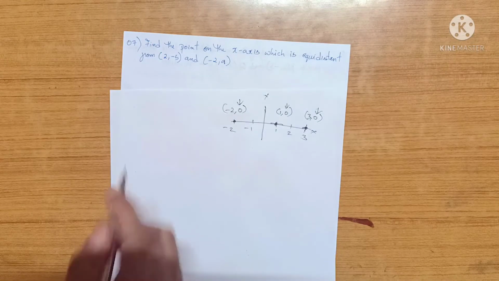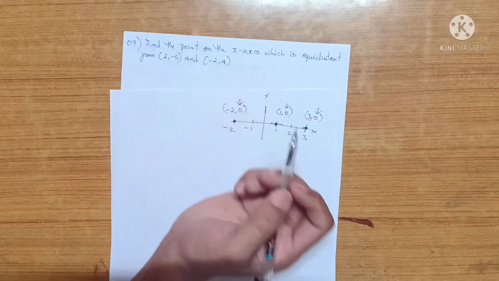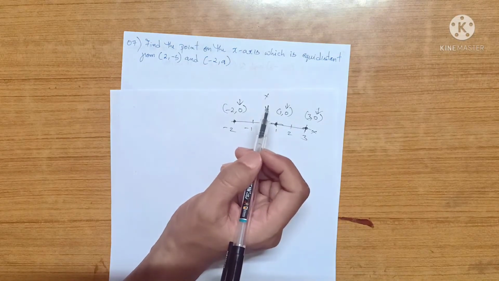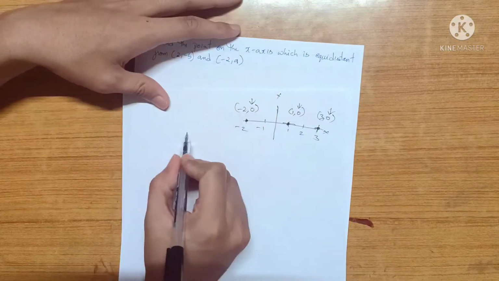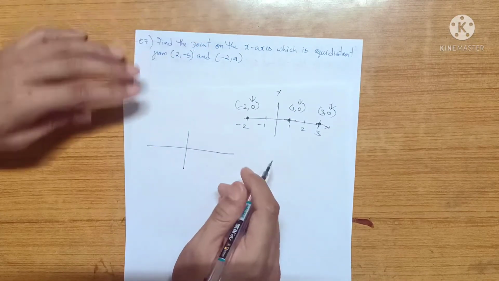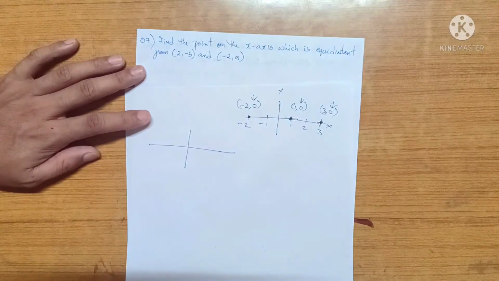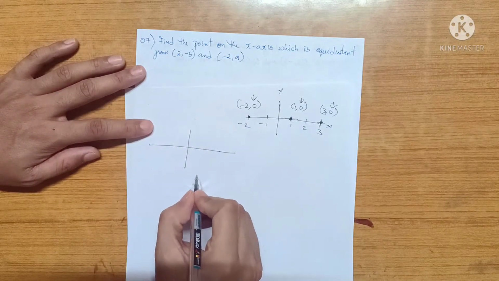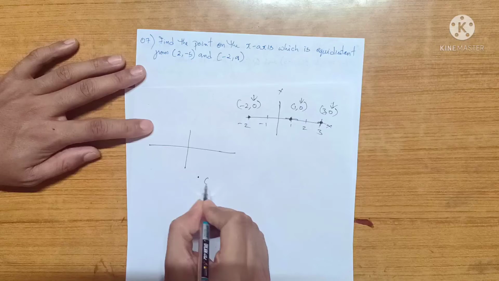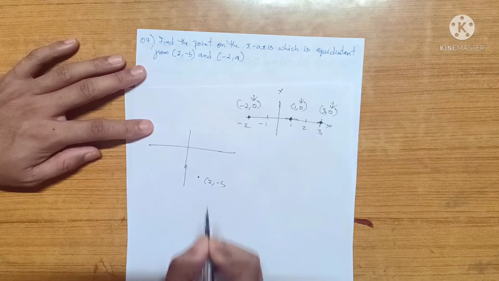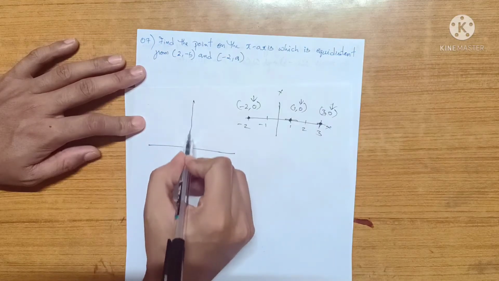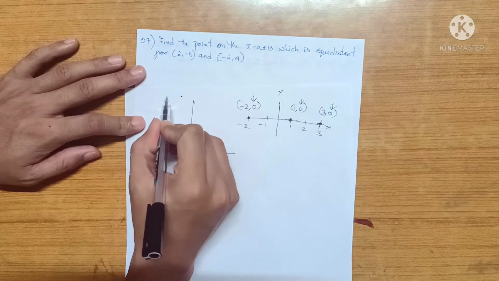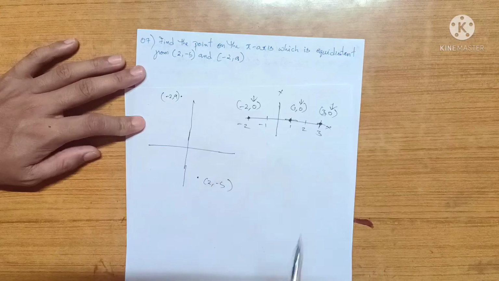So when they say find a point on the x-axis which is equidistant, the point is lying on the x-axis. Right now we don't know it. They have given us two points. Let's say 2, minus 5 is one of the points, and minus 2, 9 is another point.